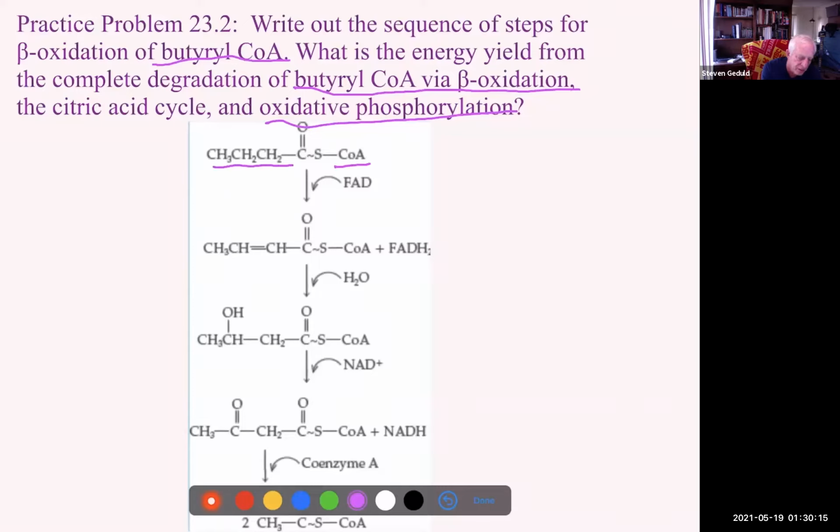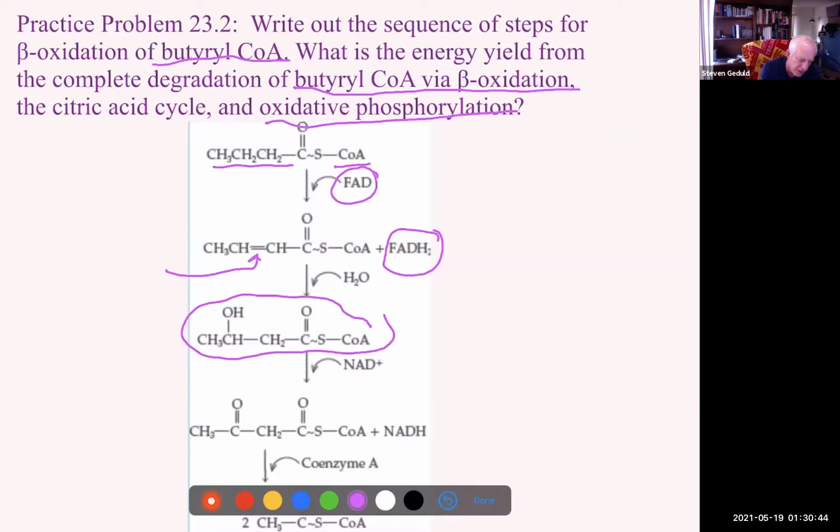Okay, it takes an FAD and it produces an FADH2, then uses the water to make your complex. Because you got to hydrate that bond right there. Remember, hydration attaches to the bond, you get an OH and an H on each side of the double bond. Okay, and that's going to form your acetyl group here.